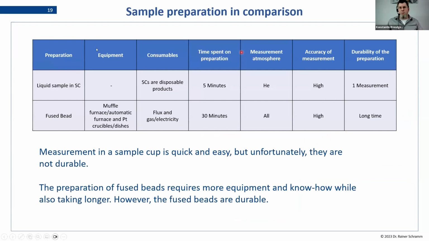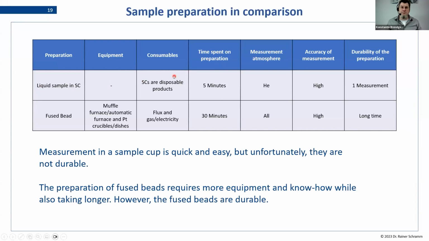If we compare the preparation, we made this little table to show the details of both. So in our example, if we look at a liquid sample in a sample cup, in terms of equipment, there is nothing we need. We just take the sample cup, we fill in the liquid, and we measure it.